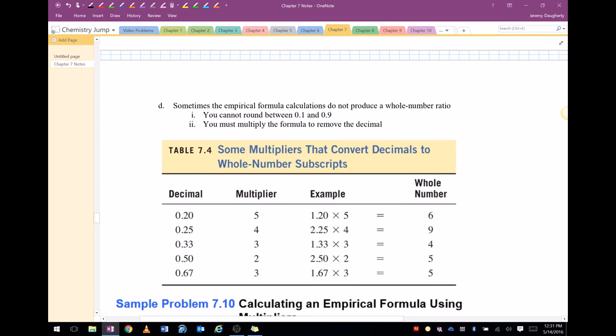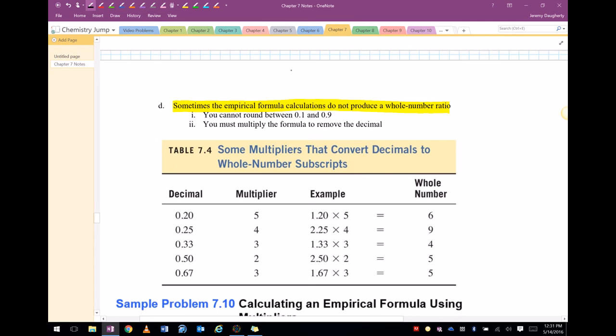Okay, so come back to empirical formula. That little section there is sort of out of nowhere. But sometimes with empirical formulas, you will not get a whole number for the mole ratio.